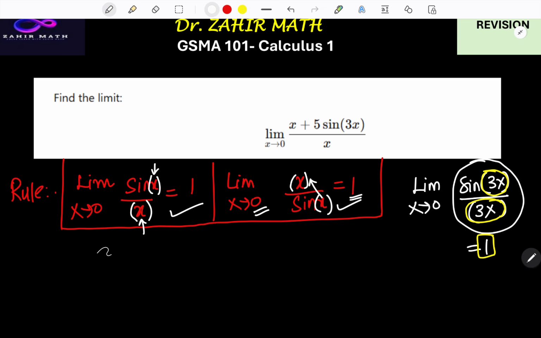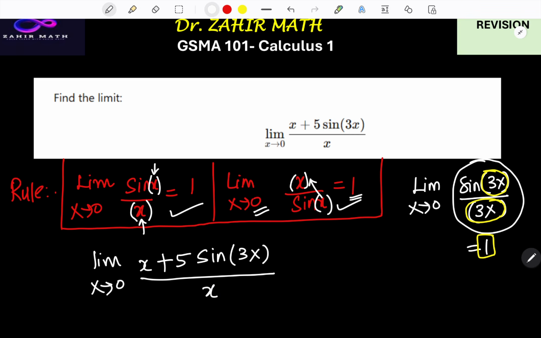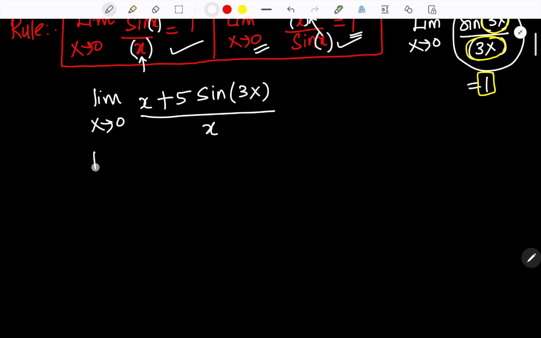Limit x goes to 0, x plus 5 sine 3x over x. So what I'm going to do: if you have 5 plus 4 divided by 10, we can write it as 5 by 10 plus 4 by 10.